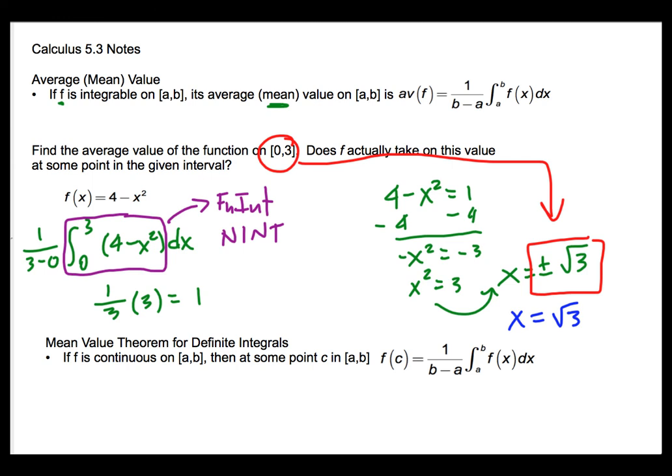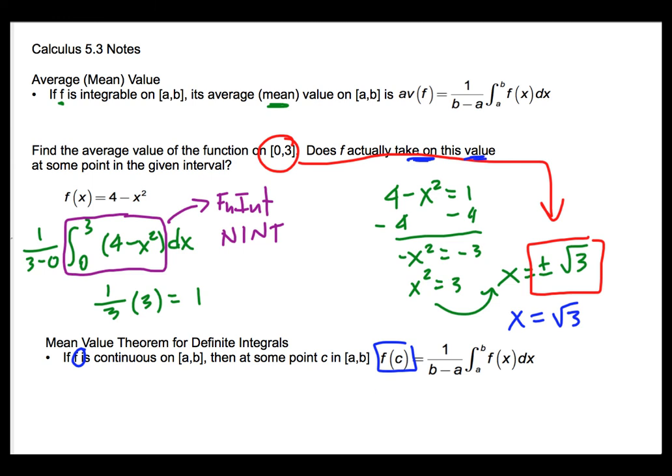And so the mean value theorem for definite integrals is very, very similar. If f is continuous on a to b, then at some point c, f of c equals 1 over b minus a times the integral from a to b of f of x dx. Well, that's what we just did in the previous problem, actually taking on the value of the average.